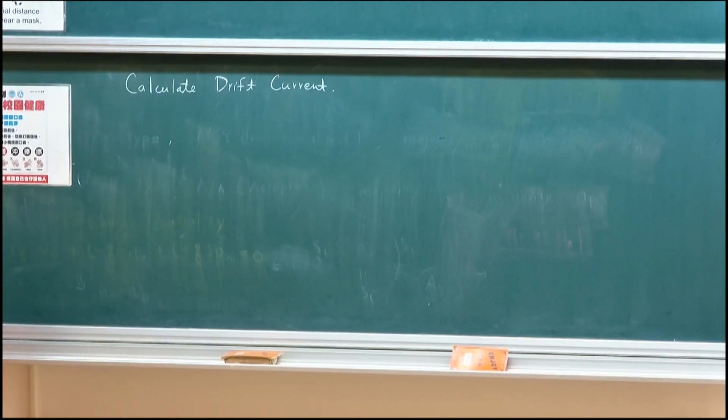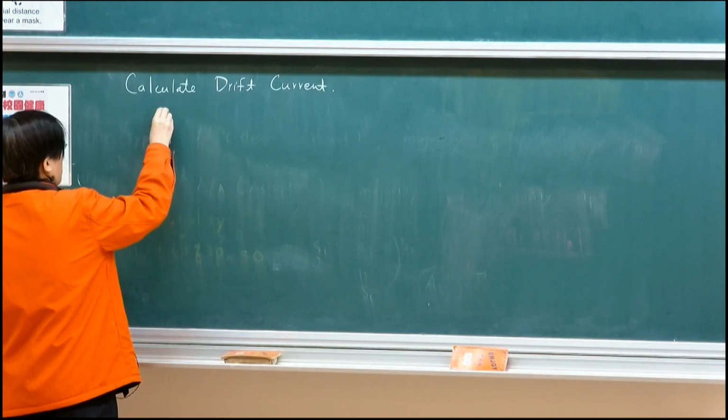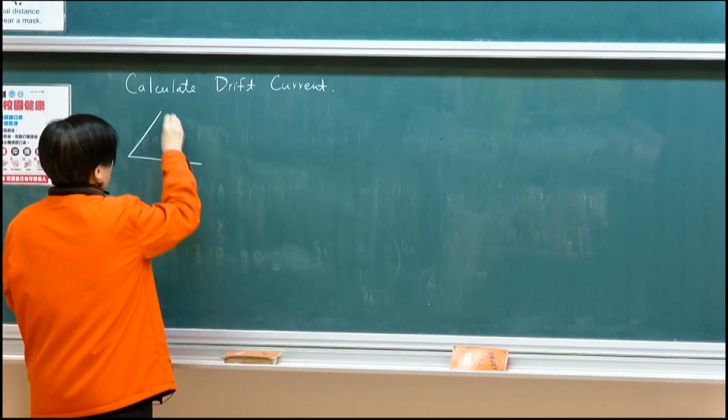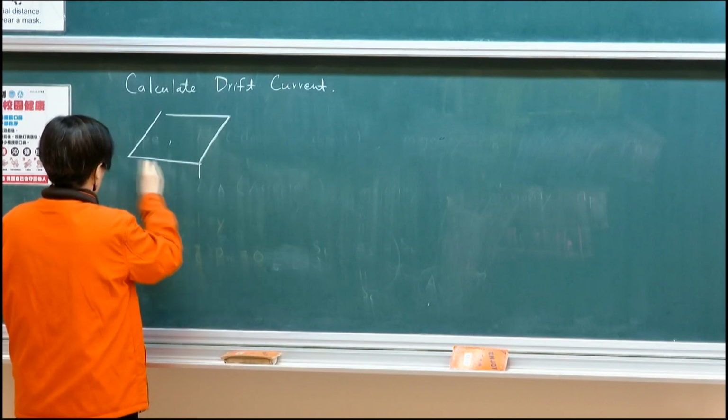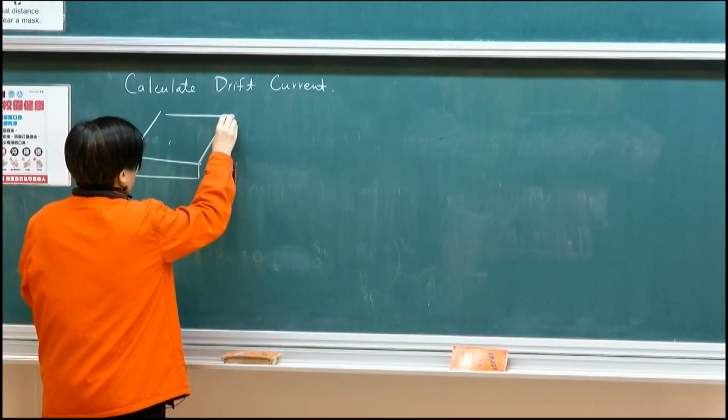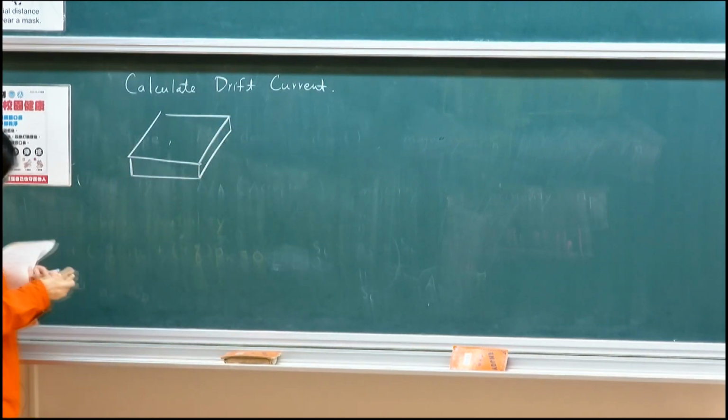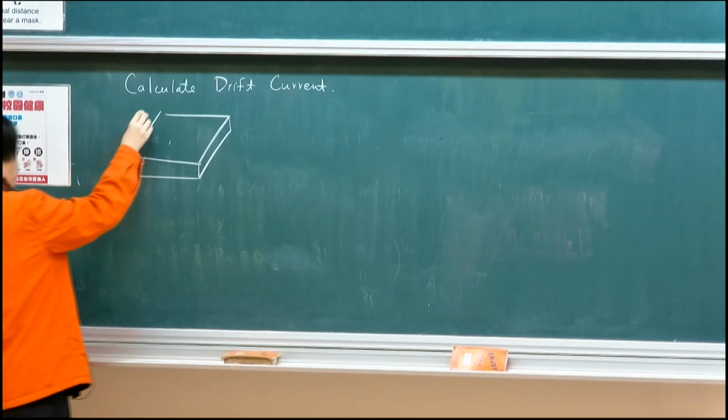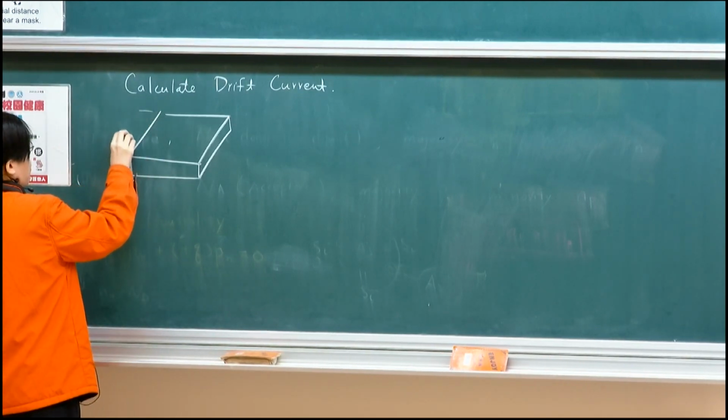So to find drift current, we need to define a cross-section. Anytime you want to find current, you want to find out the amount of carriers and how fast they move along the way. So let's define a structure first. We start with a piece of material. There's the width, this is the width.